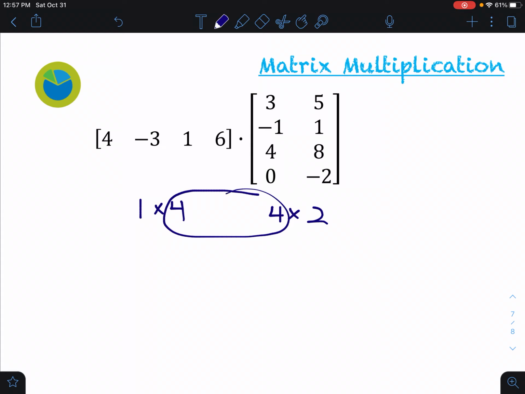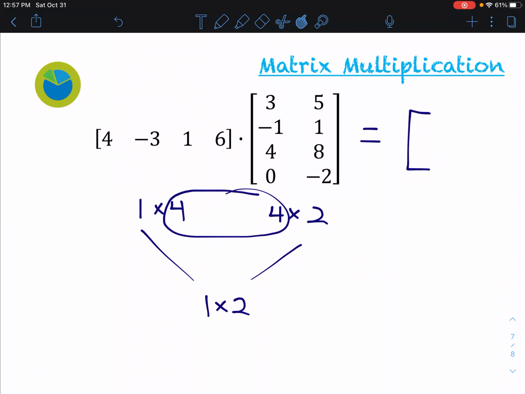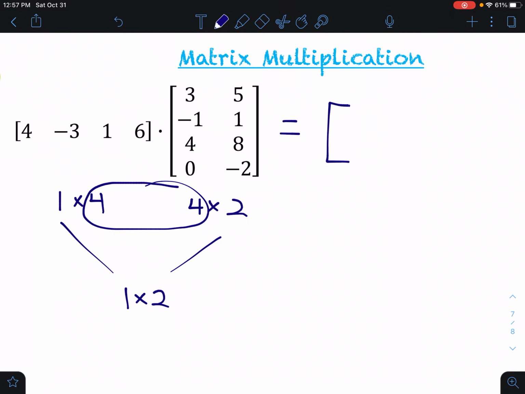If they aren't, you cannot multiply. All right, and these outer dimensions tell us the dimension of my answer matrix. So in this case, that means I have a 1 row, 2 column answer. So I'm just going to make my answer matrix right here.